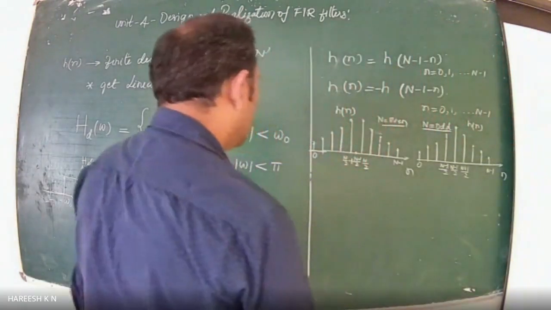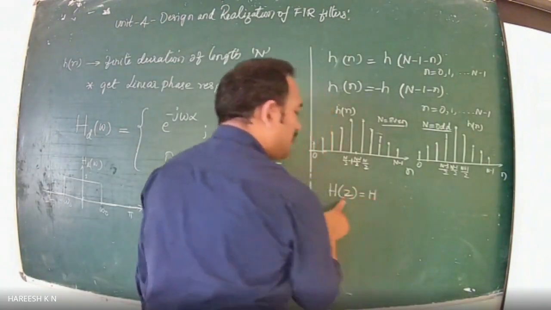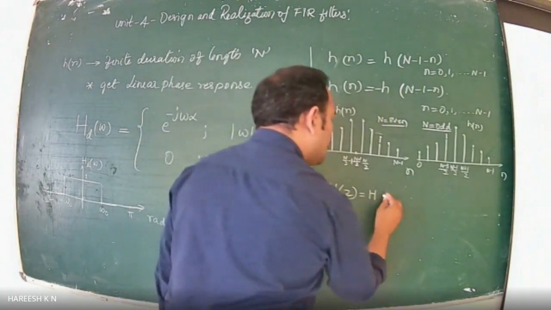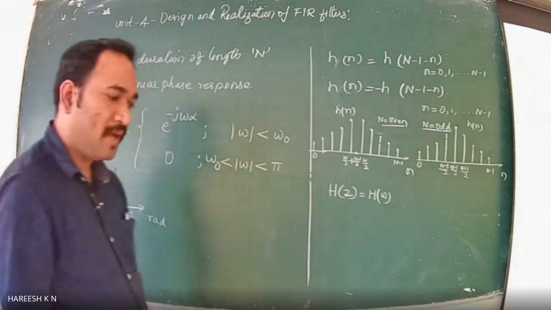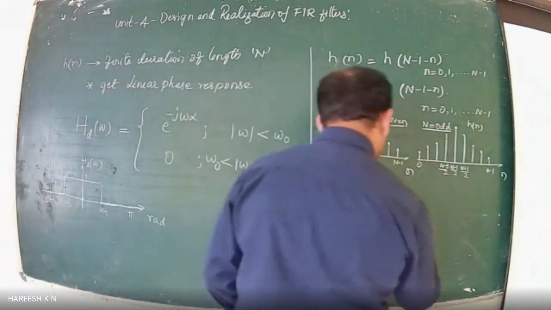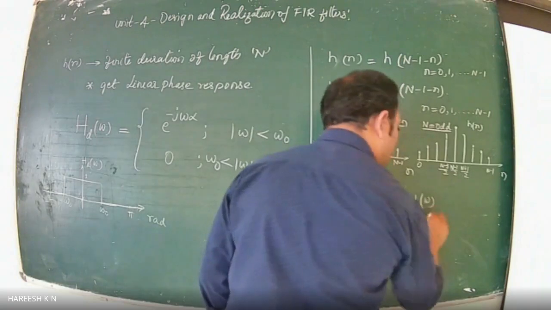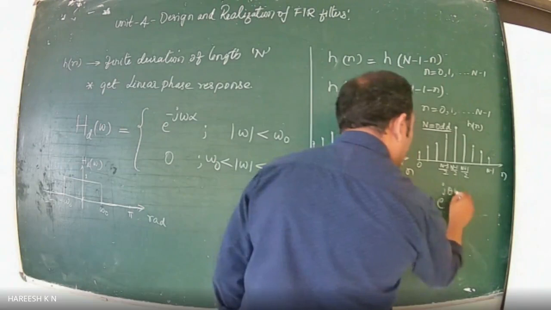Therefore, H of z will now become H of omega, which will be equal to H r of omega magnitude and e to the power of j theta of omega.